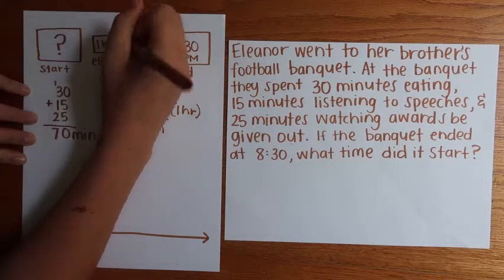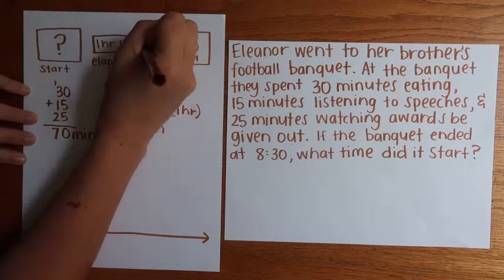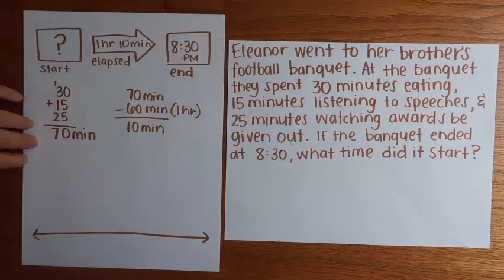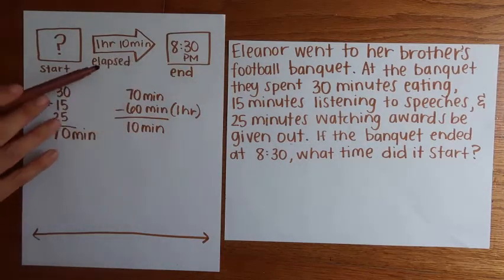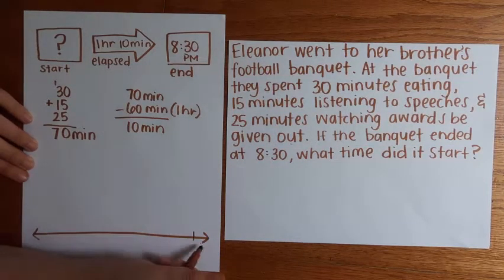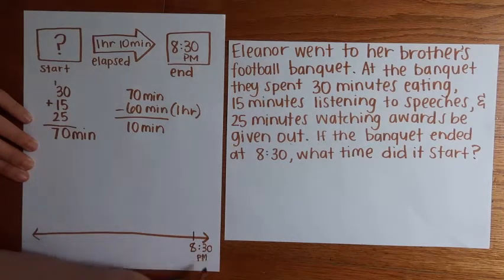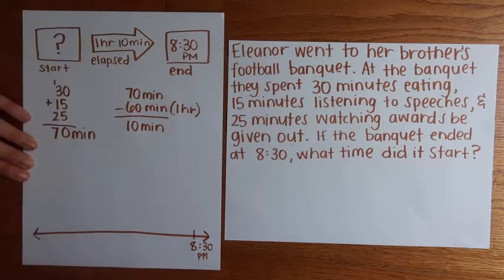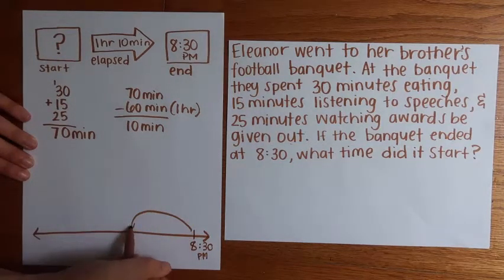1 hour, 10 minutes. So now I have an end time, an elapsed time, and now I just need to find the start time. And that's going to be what we've practiced at the beginning, where we say, all right, we got 8:30 p.m., and we need to go back in time 1 hour and 10 minutes. I'm going to take that hour hop first.